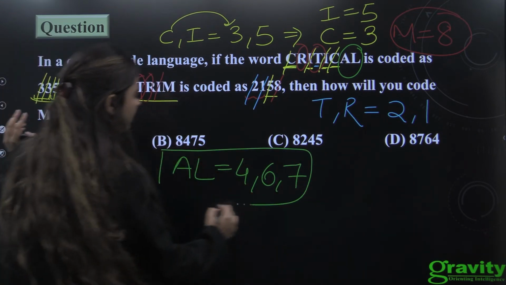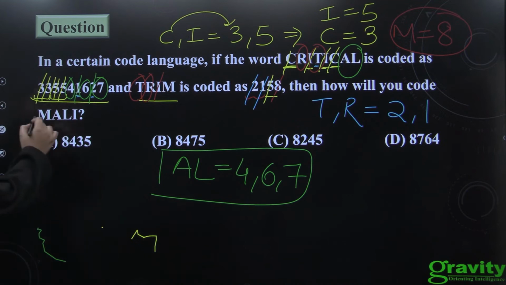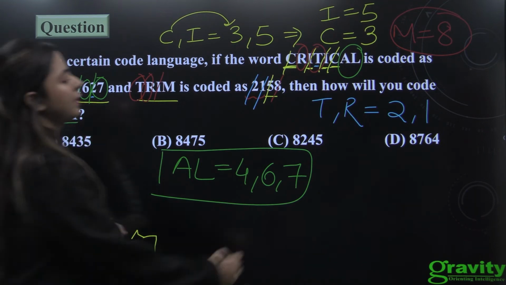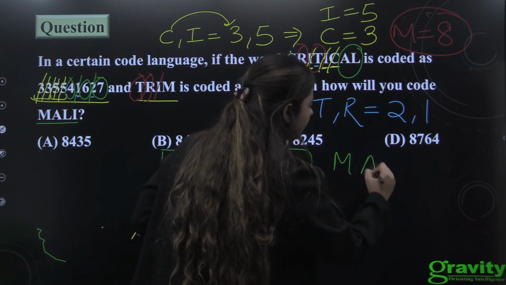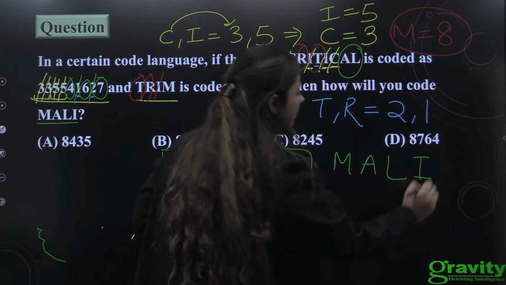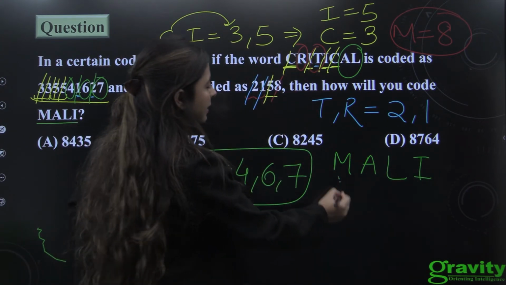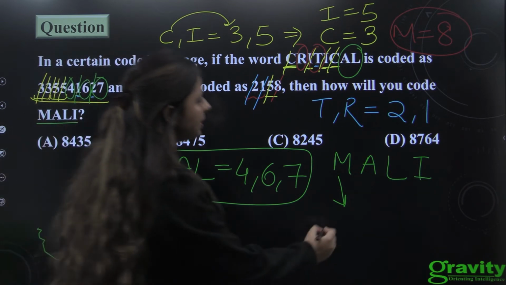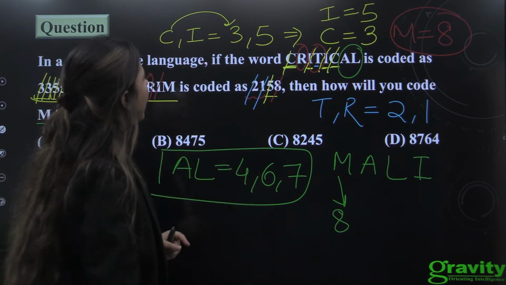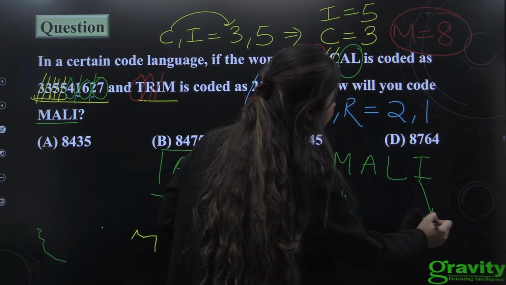Alright. Now we have been asked the code of Mali. M-A-L-I. M is a confirmed 8. I is a confirmed 5.